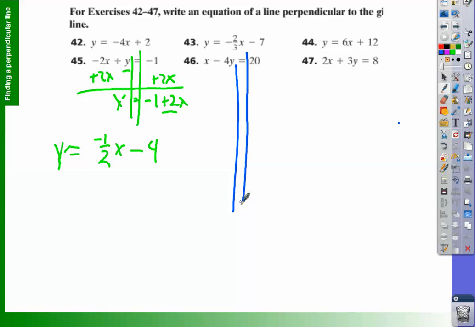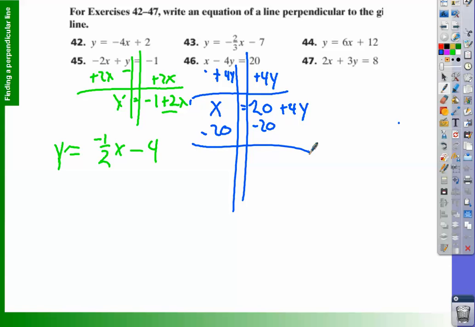For number 46, same deal. I'm going to add 4y to both sides. So I get x equals 20 plus 4y, then subtract 20 from both sides. So we have x minus 20 equals 4y.